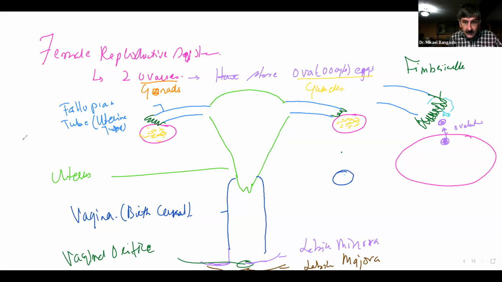And at its end are going to be these fimbriae, which are going to try to catch the ova, get hold of it, and bring it up through the fallopian tubule.